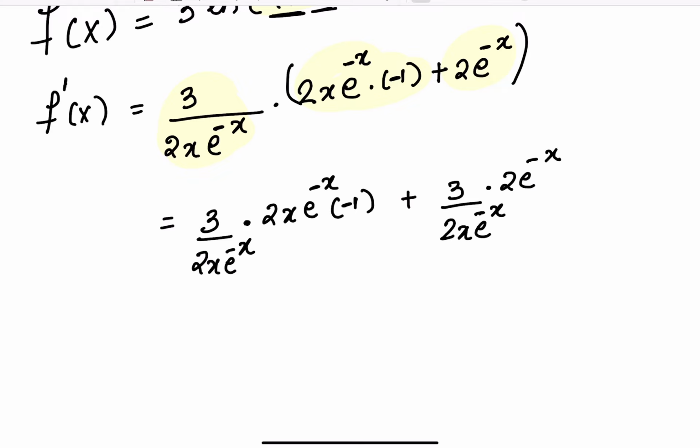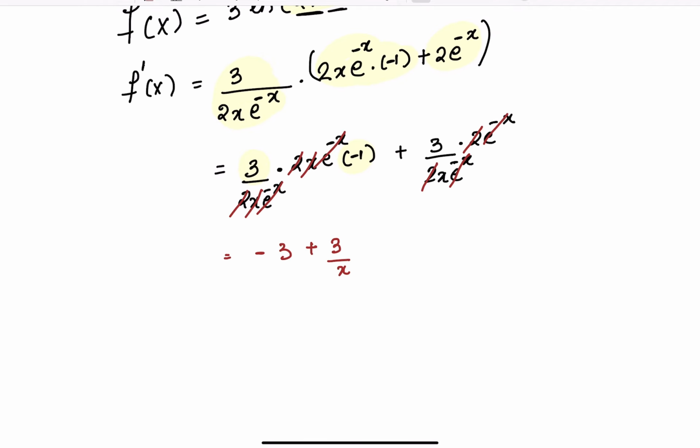And now all I have to do is cancel. Negative, negative cancel, 2, 2 cancel, x, x cancel, e to the power negative x cancel. So what I am left with here is 3 times negative 1, which is negative 3, plus 3 over x.